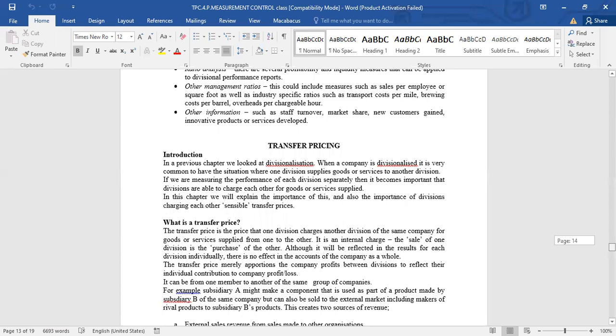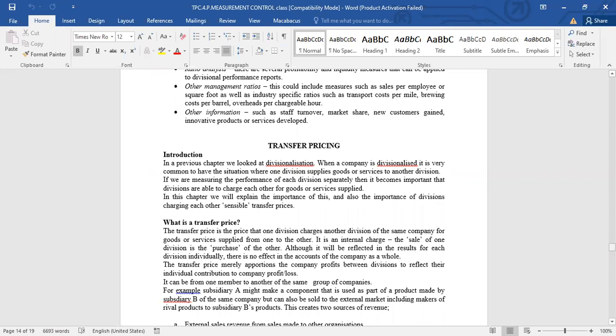Let me talk briefly about transfer pricing. Transfer pricing arises when you have divisionalization. Divisionalization is where you have a company with maybe 2 branches, but these branches are autonomous in nature. In short, they operate independently. They have their own books, they buy their own items and sell their own items.